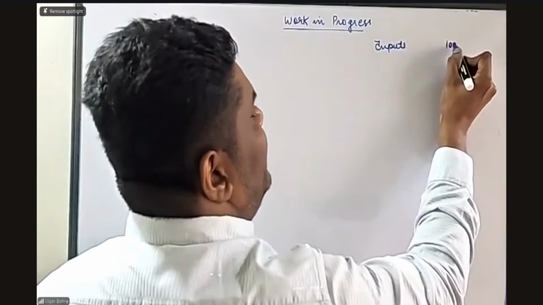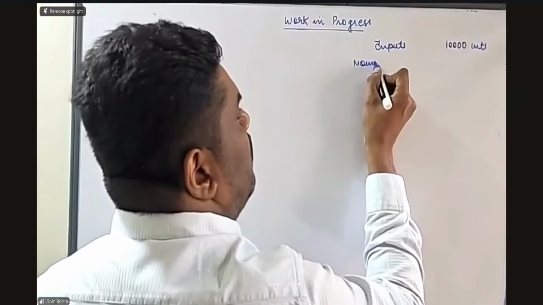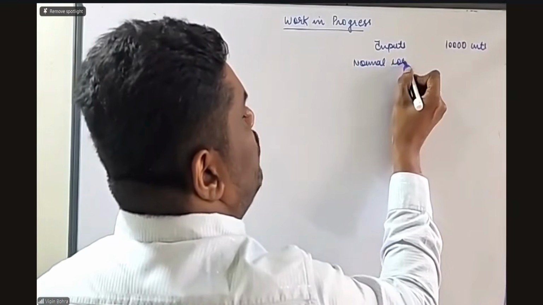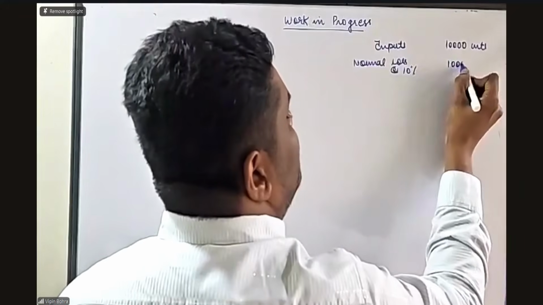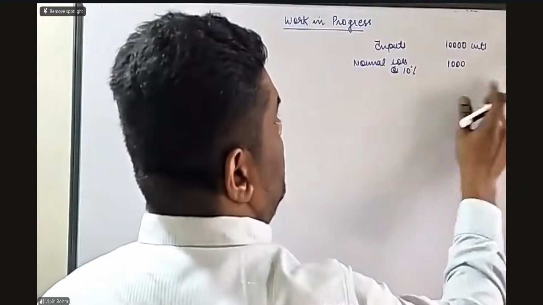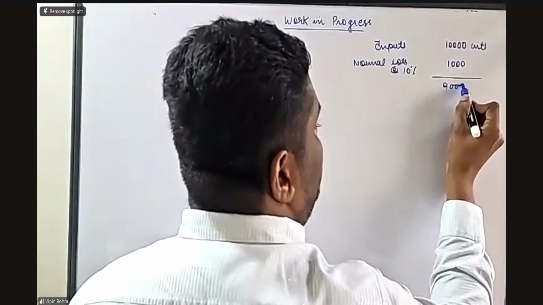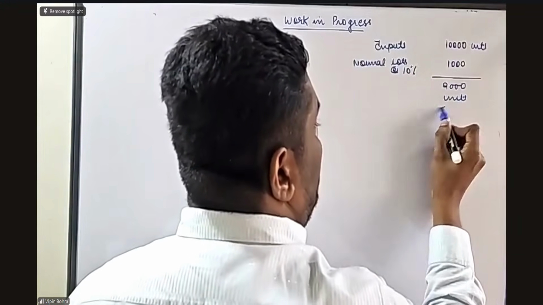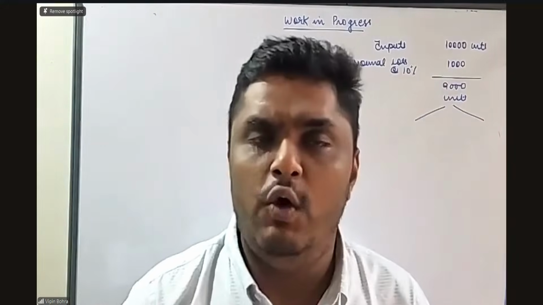wherein my inputs are 10,000 units. I do assume a normal loss of 10% on input, let's say 1,000 units. So of these, I'm left with 9,000 units. When talking about these 9,000 units, we were supposed to get an output.